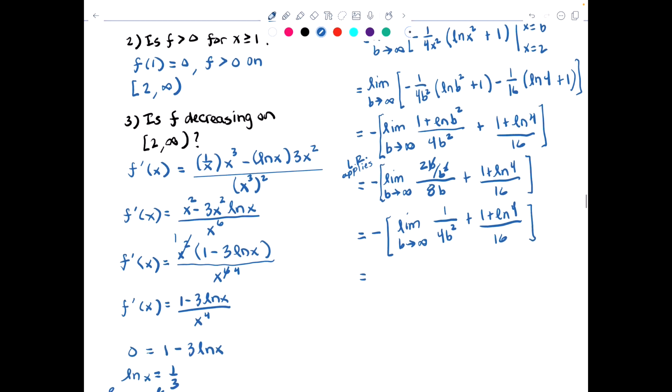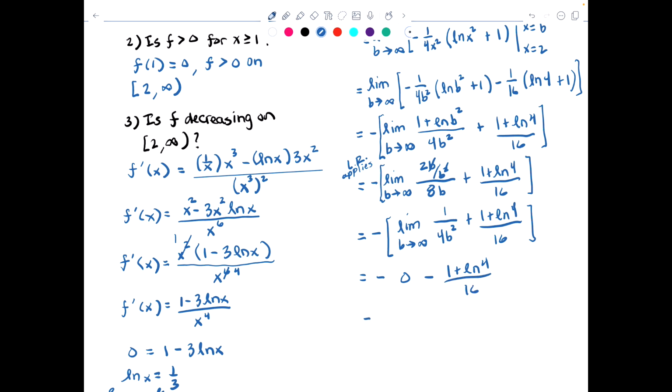That's going to give us 0 for the first one, and then minus 1 plus natural log of 4 over 16, which will be negative 1 plus natural log of 4 over 16.